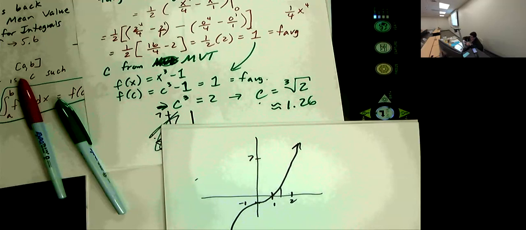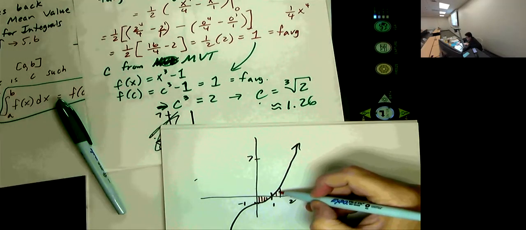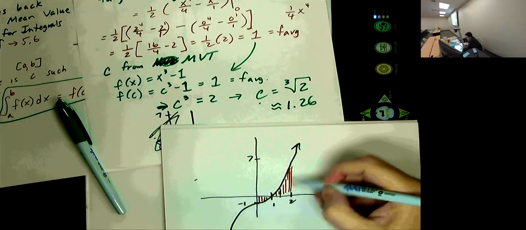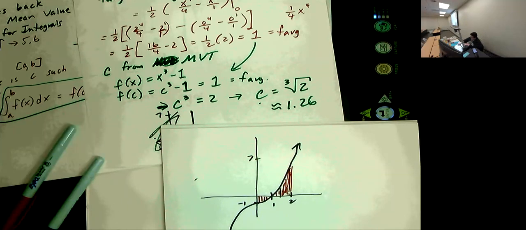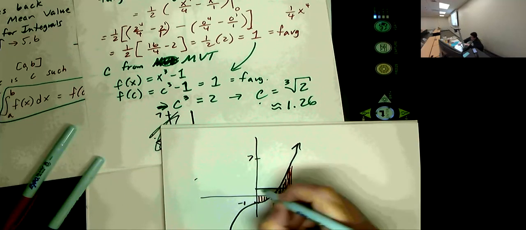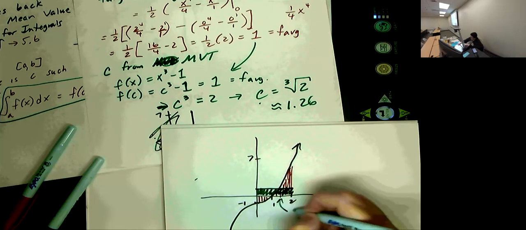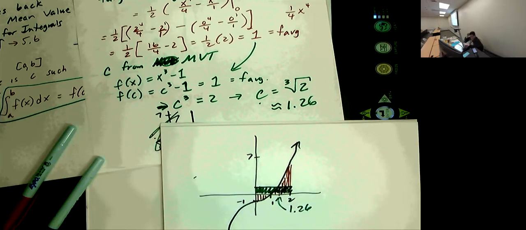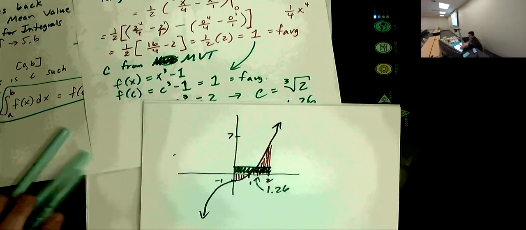So we're looking at this, the net area from here should equal the same thing as if we did a rectangle right here at 1.26. That's what's going on pictorially.